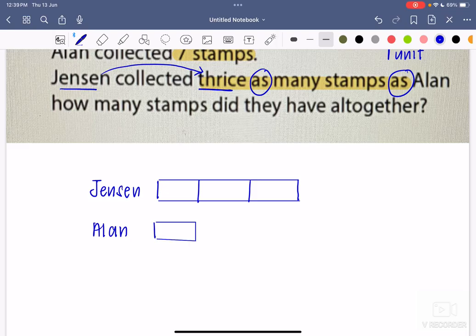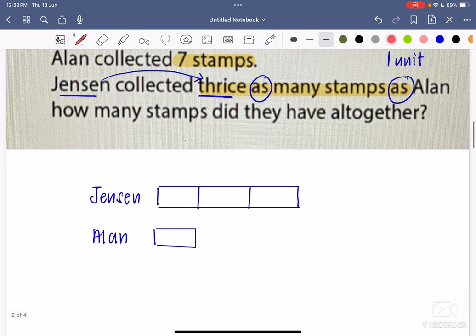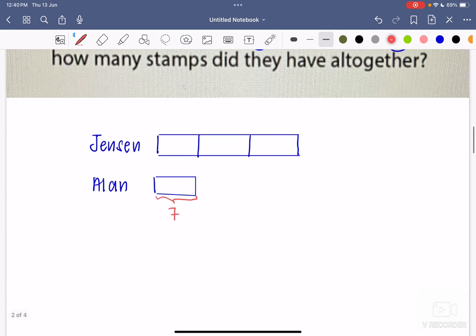What are the additional words that will help us to solve the problem? Alan collected 7 stamps, so you can put here, this is 7 stamps. Meaning this 1 unit represents 7 stamps. So you write here, 1 unit is 7 stamps.